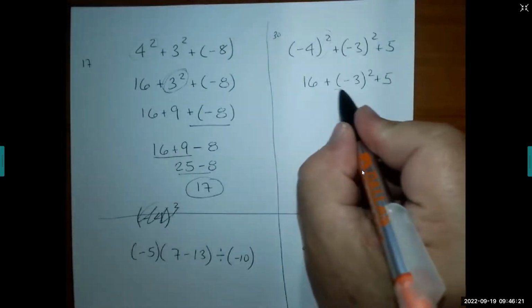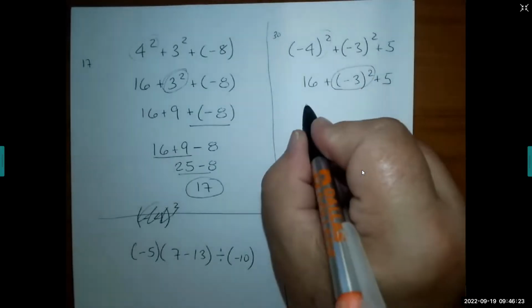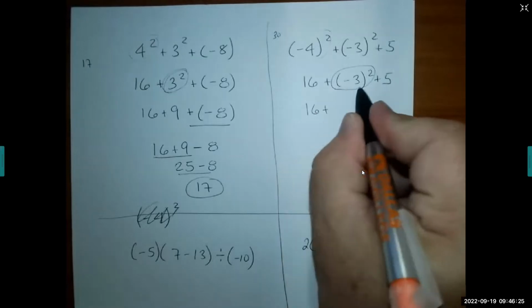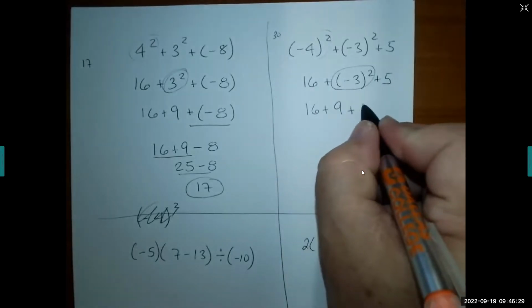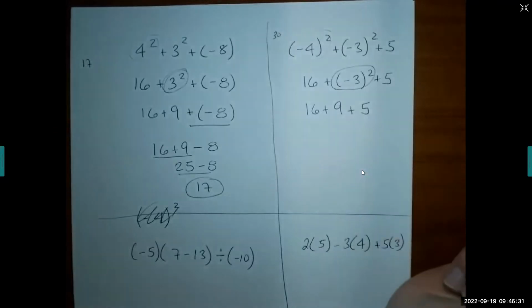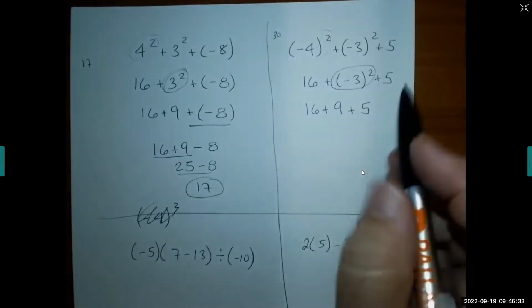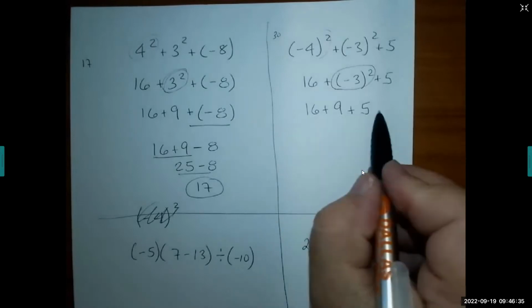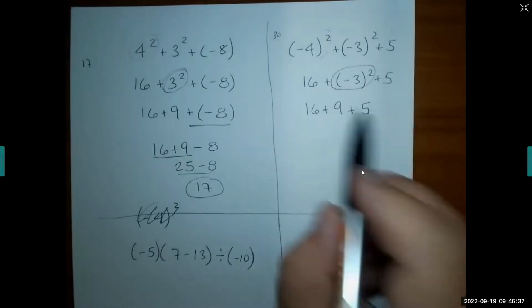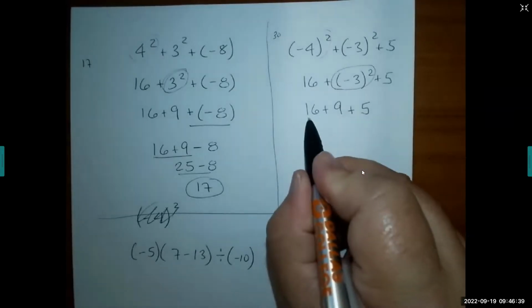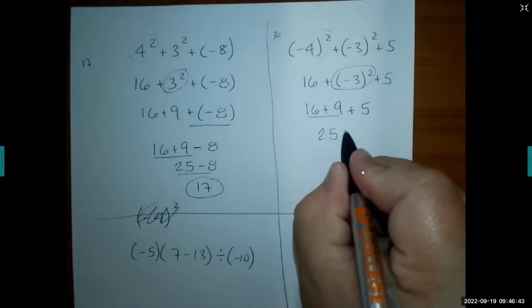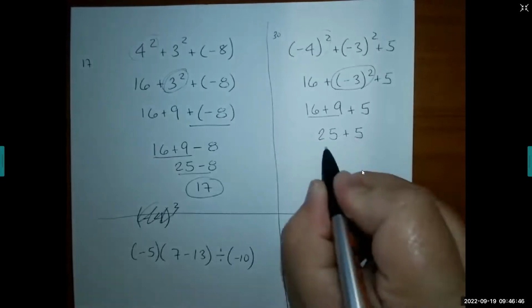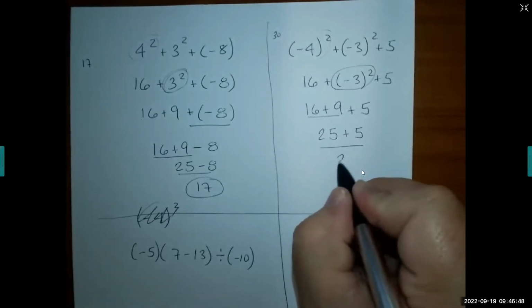Left to right, here's a special operation. -3 times -3 is positive 9. No more special ops, no more multiplication division. And so we just go left to right. 16 plus 9, 25. 25 plus 5 is 30. Very good.